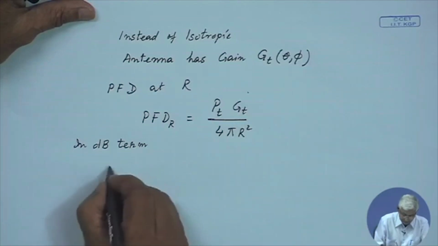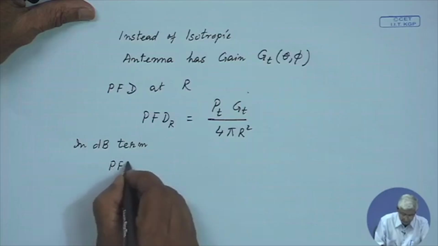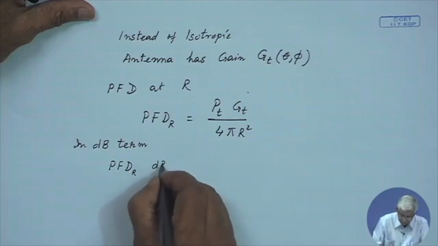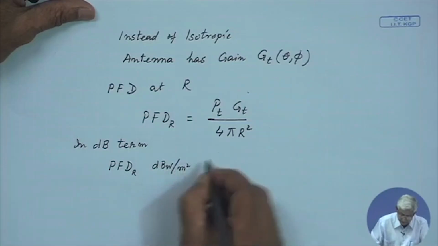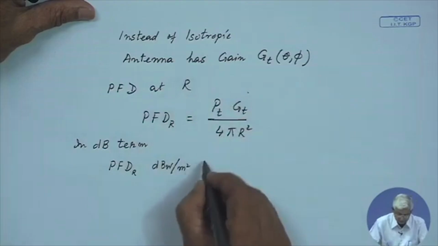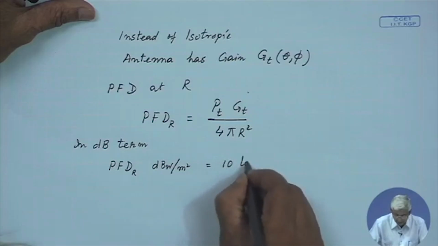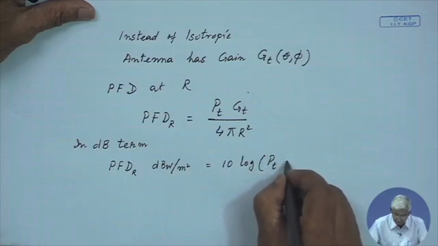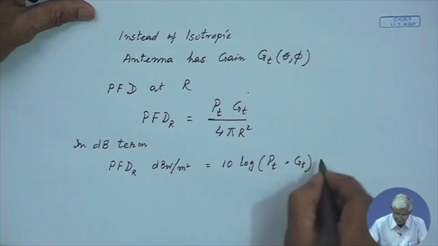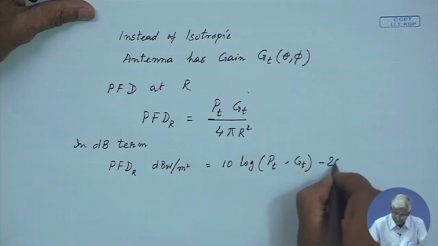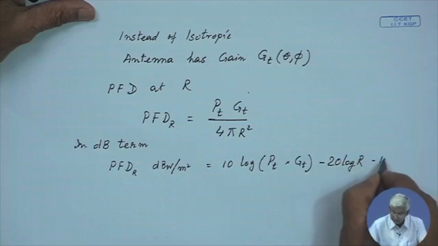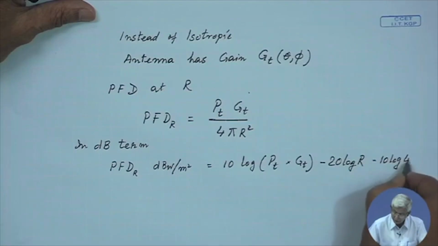So in dB terms, that PFD at R, whose unit is dBW per meter square, since we are transmitting in watts, will be 10 log of PT into GT, minus 20 log of R, minus 10 log of 4 pi.